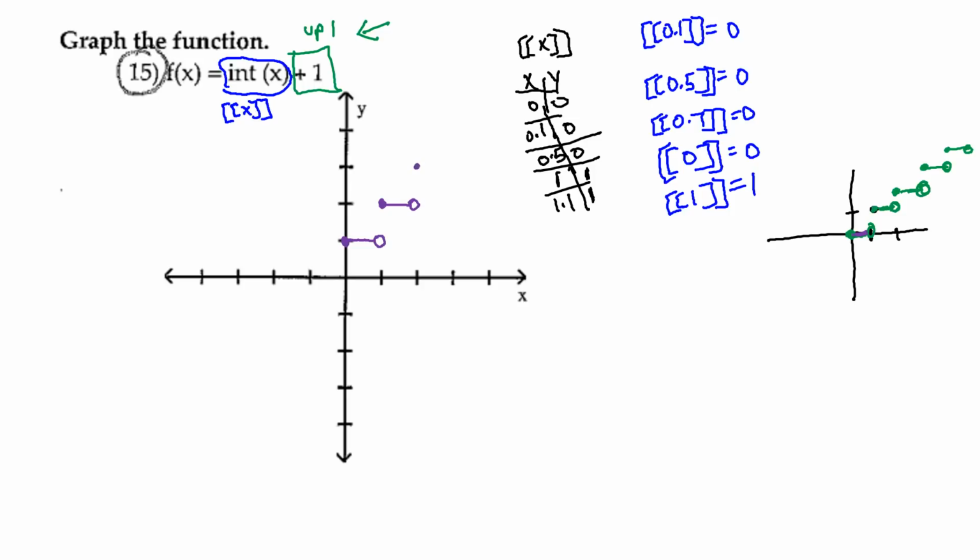And we can keep going to make the rest of our graph and so on. We can even reverse it to get the other portion of our graph and so on. So this is basically what this graph looks like.